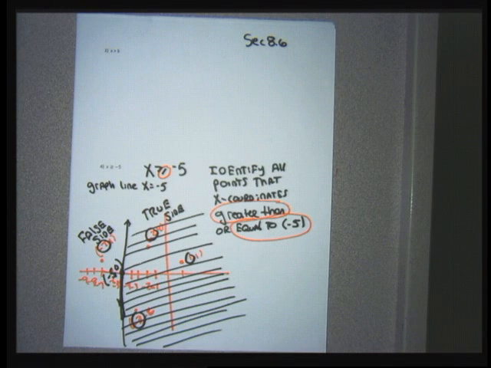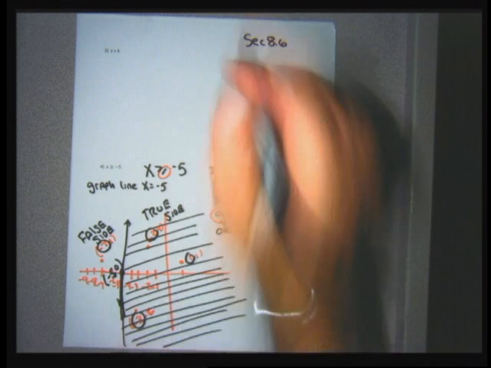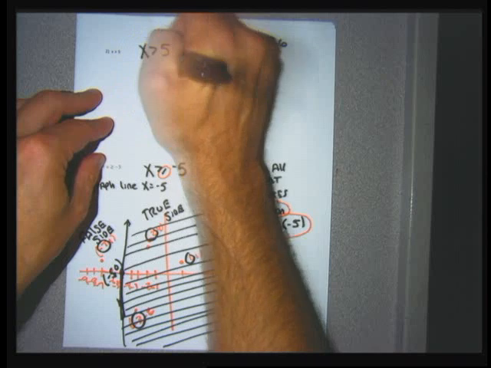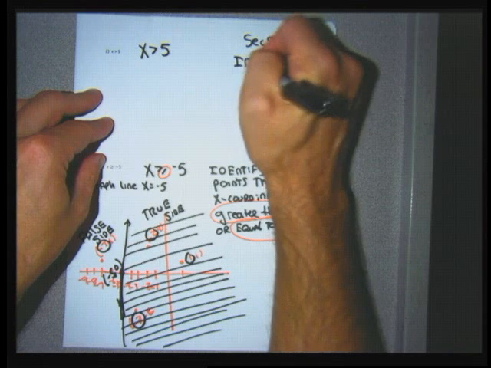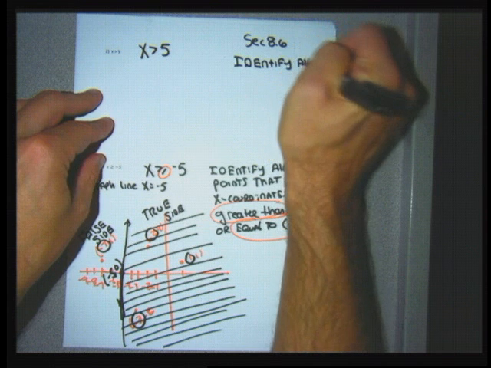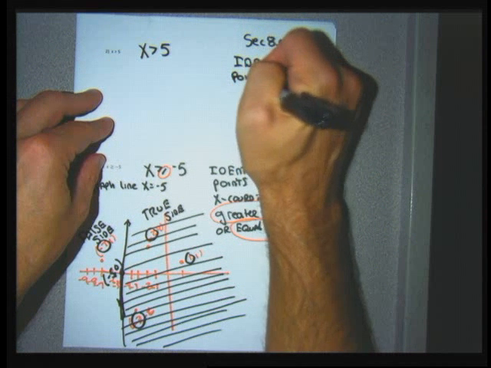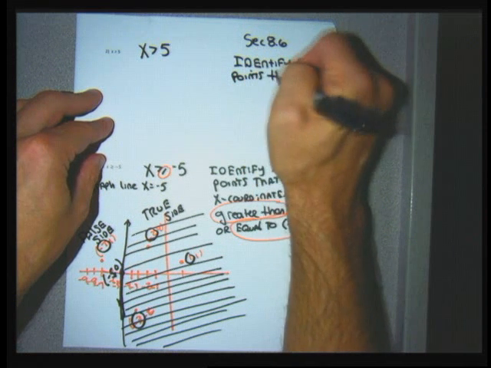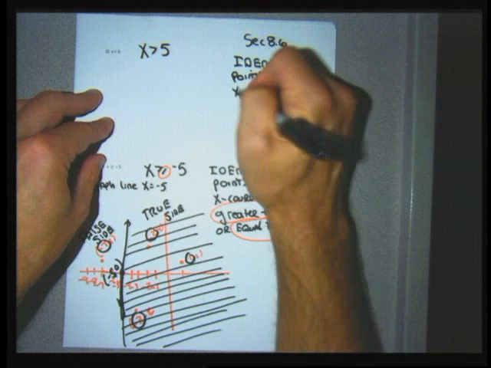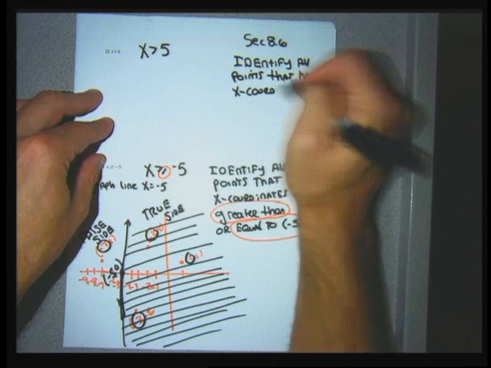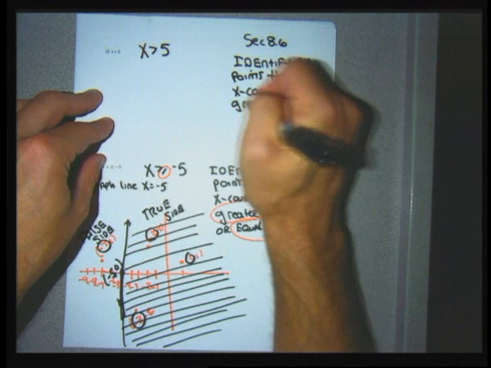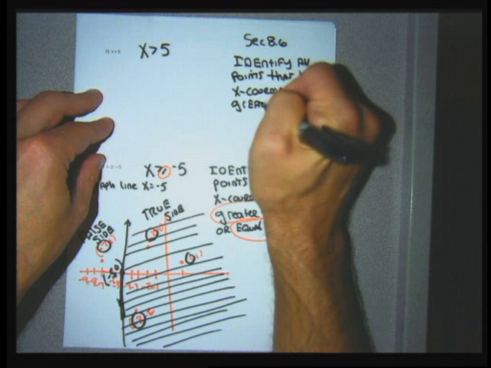Problem 2 that I skipped over asks me to identify all points that have x-coordinates greater than 5, but not equal to 5.